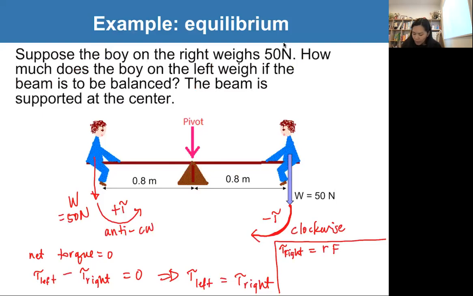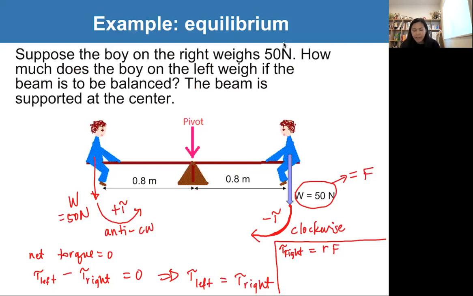The force is 50 newtons, because it's the weight force of the buoy that will cause the beam to rotate. So the force in the equation of torque, R times F, is 50 newtons.